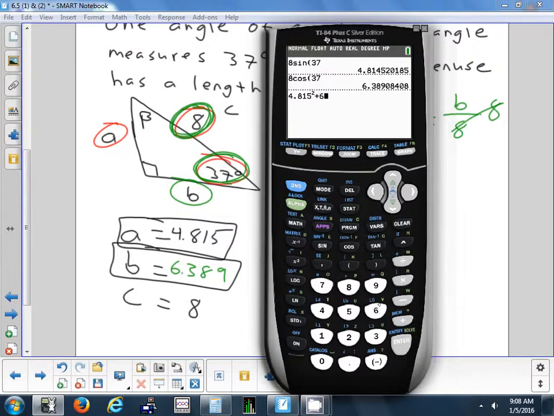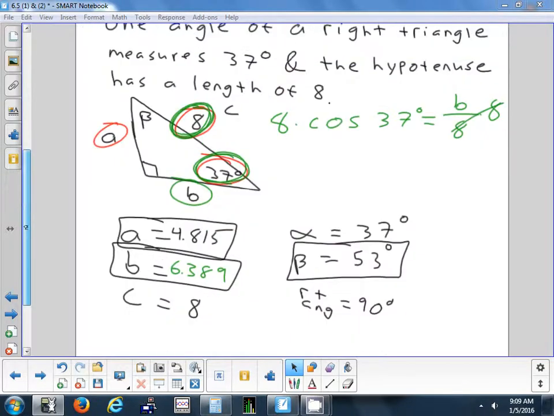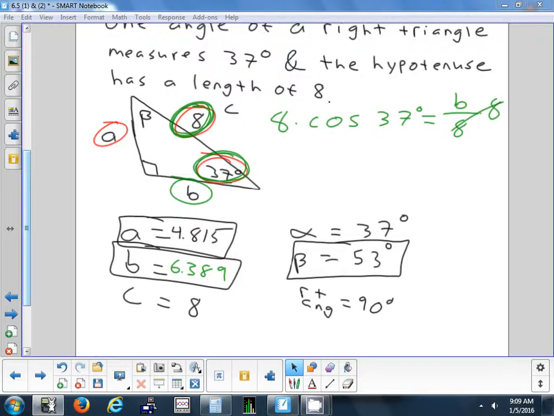Okay, well, let's see. 6.389 squared. And if we did everything right, these should add up to c squared, which is 64. That looks pretty good. Again, not exact because of the rounding. Okay, any questions on that?